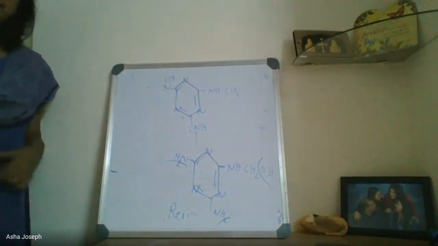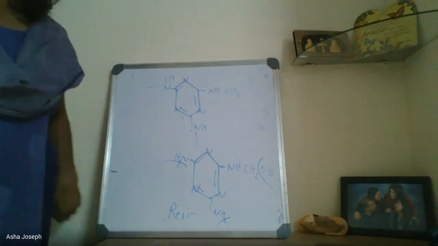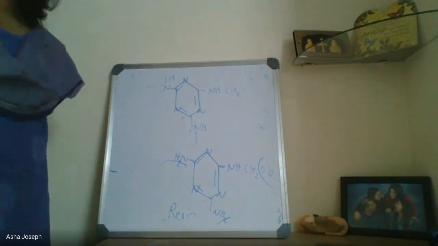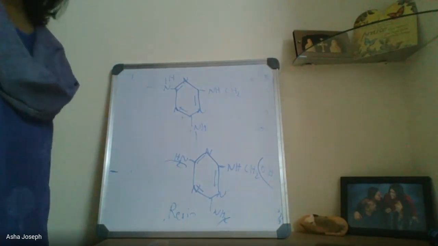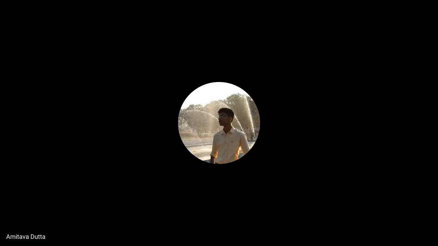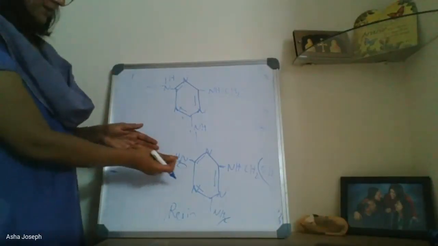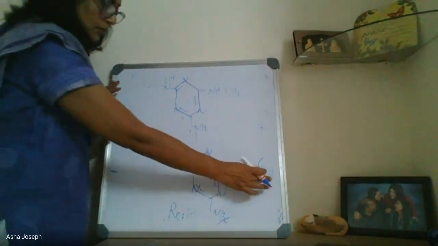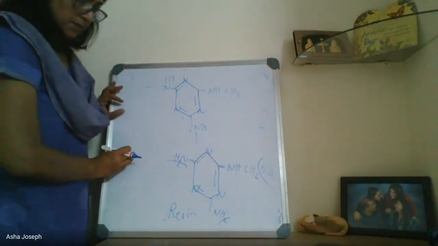So write, children. Write and learn. Melamine formaldehyde. Ma'am, from NH one H is going, and from NHCH2OH, the OH part is going. Here another one will come. Another one comes means this OH part will come. Water will be eliminated.